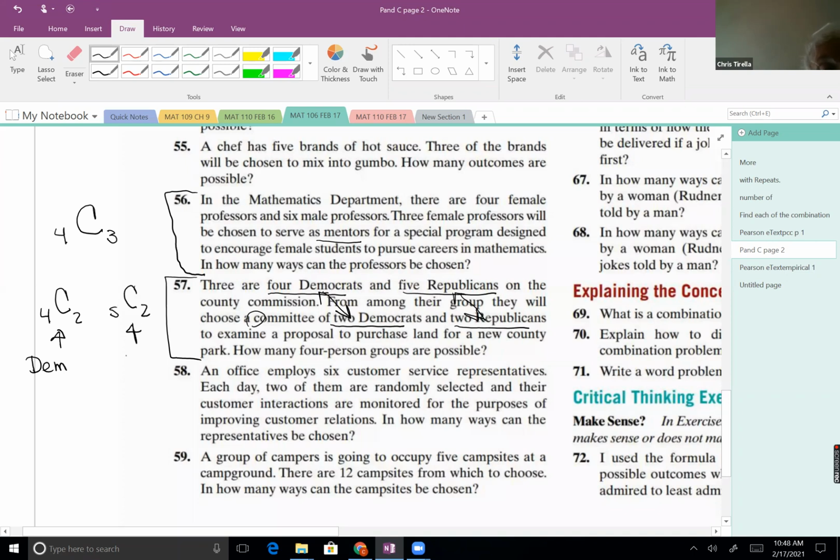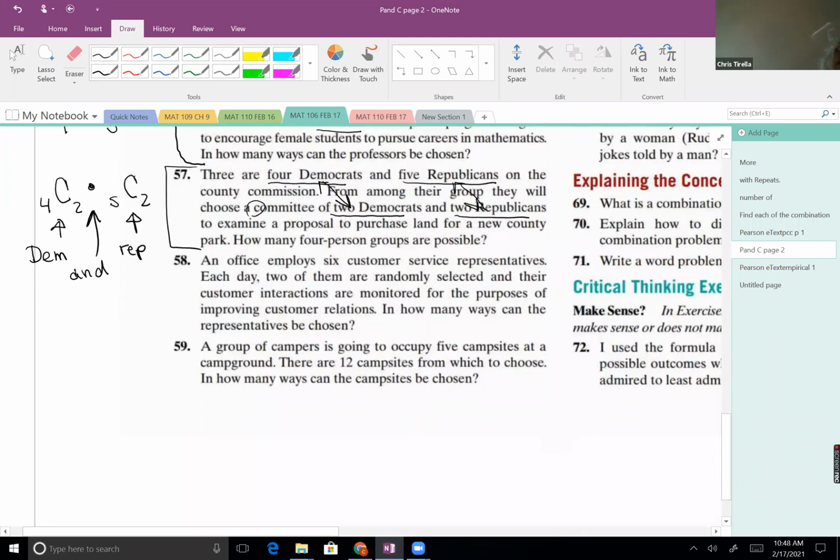Those are my Republicans. In between that word "and" is where the counting principle tells me to multiply. And so this one, we've got both combinations and the counting principle.